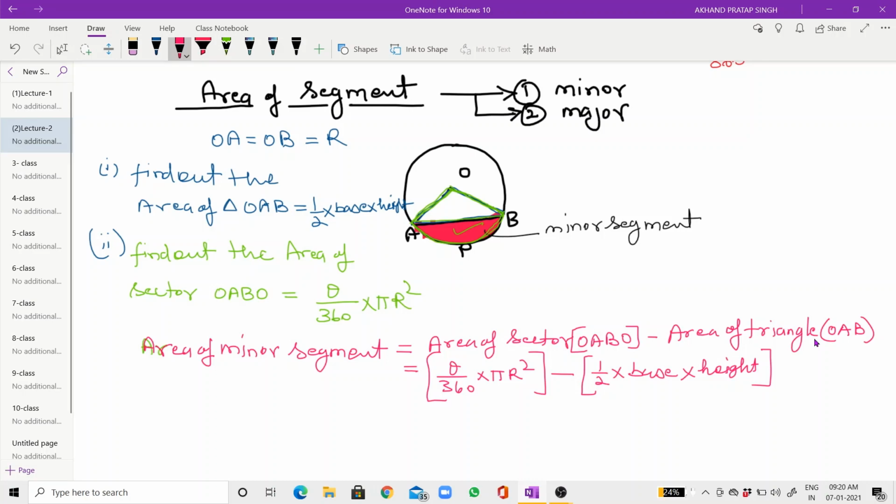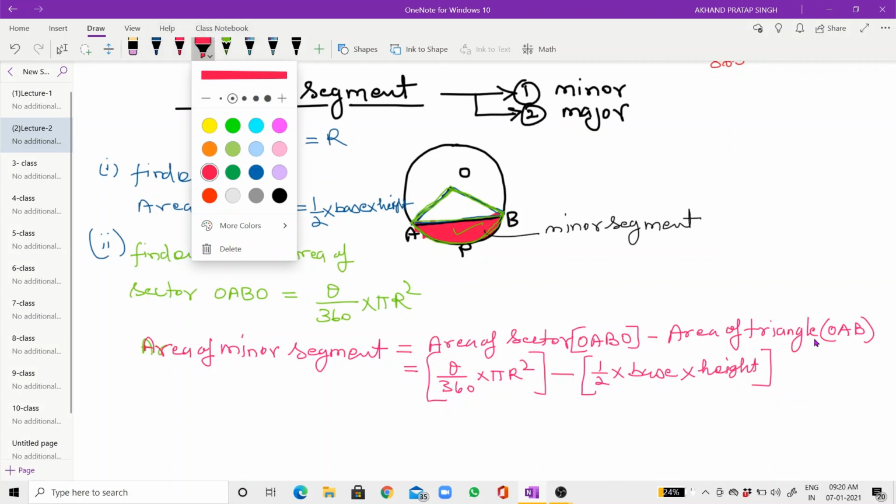segment. So look at the figure again. What is the area of minor segment? What is the area of major segment?